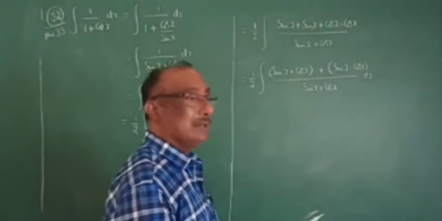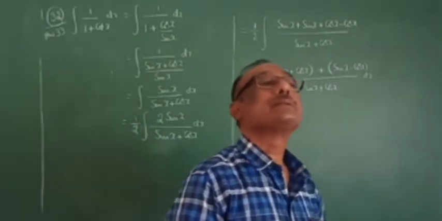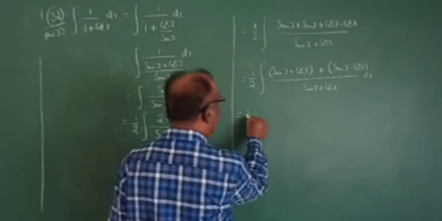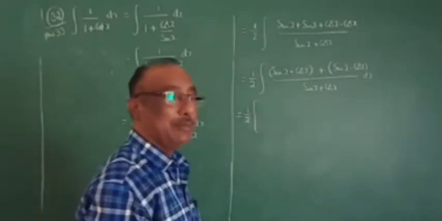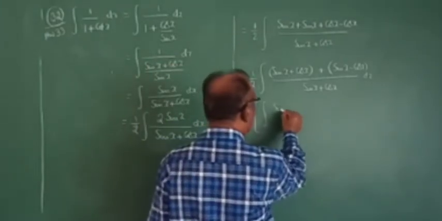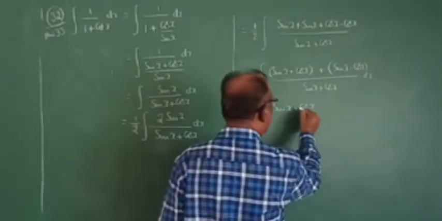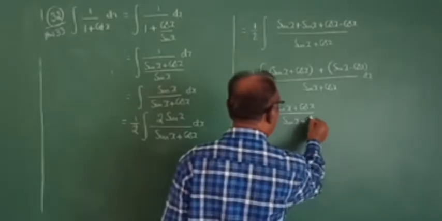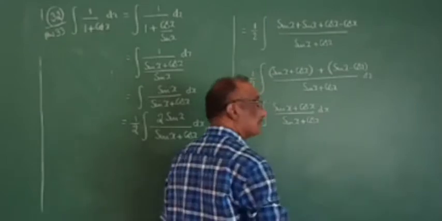Everyone see. Now separate into two parts. Half is both multiplication. Integral of sin x plus cos x by sin x plus cos x into dx is one part.